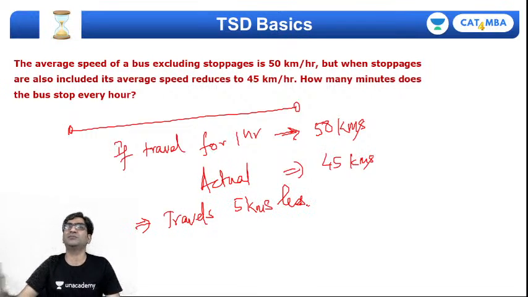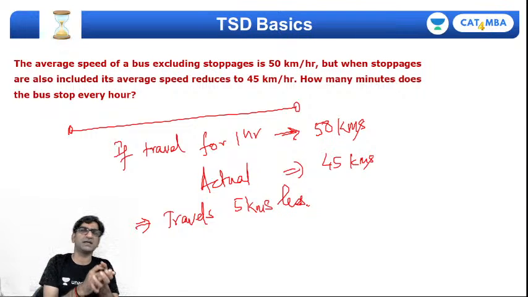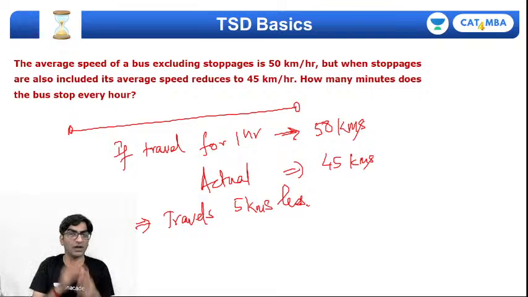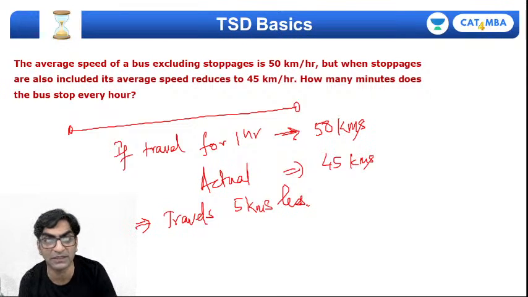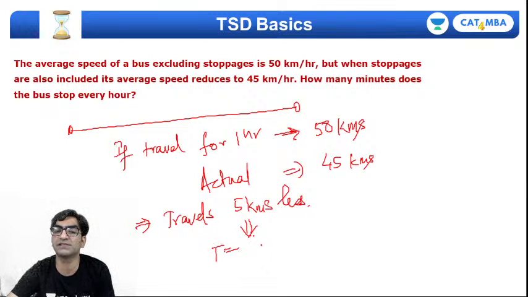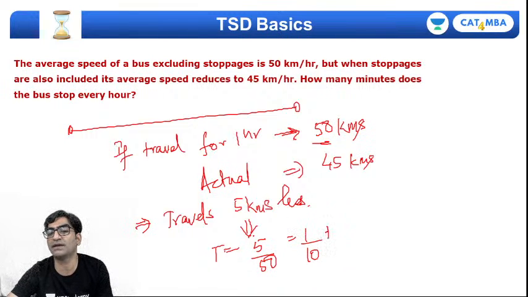This 5 kilometers that it did not travel, it was actually not moving for this much time. How much time? The time it would have taken to travel 5 kilometers is the time that it stops. Correct? So how much time would it take to cover 5 kilometers? Time taken would be this distance 5 upon its actual speed, which is 50. So it would have taken 1/10 of an hour.